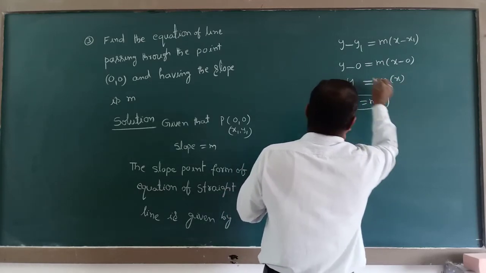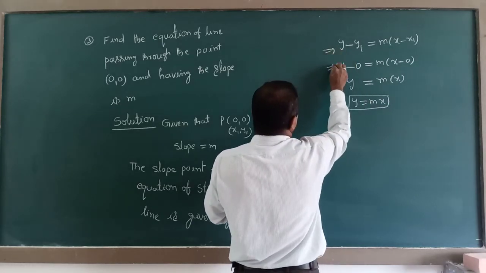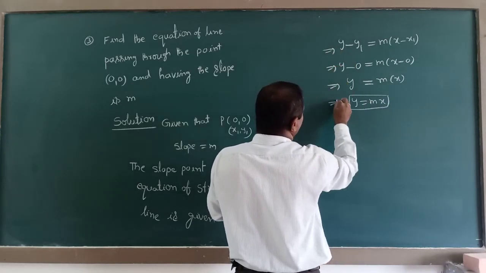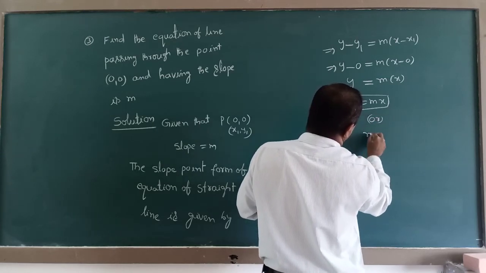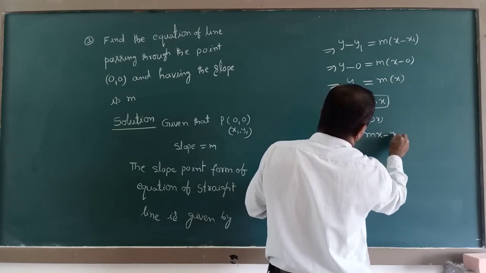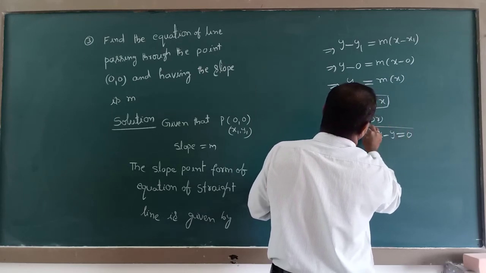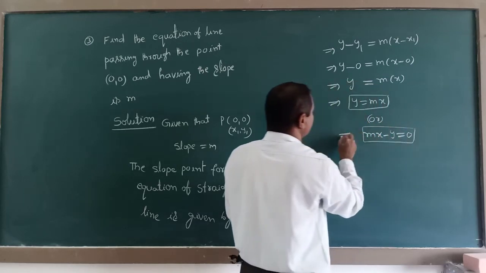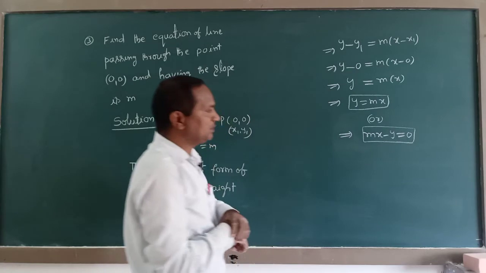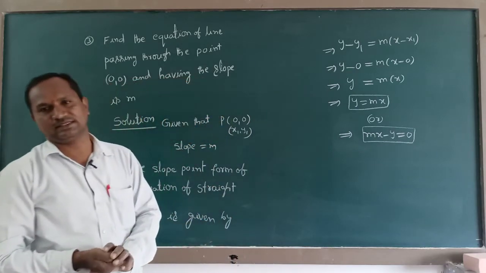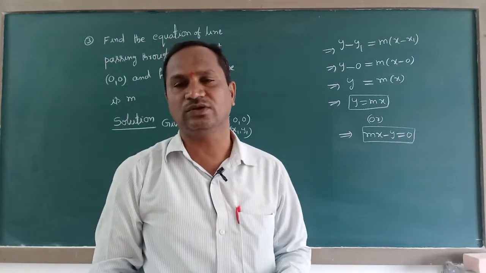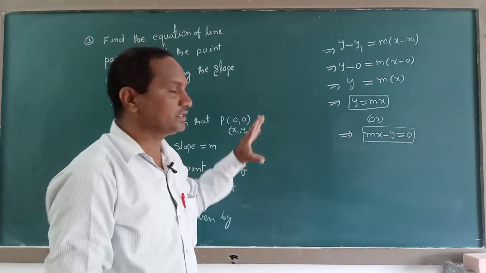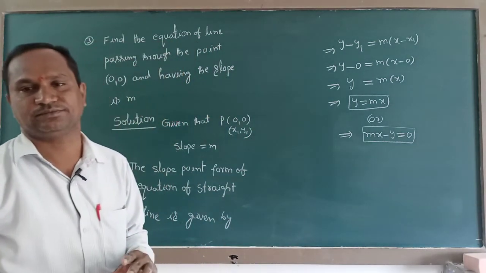We can also modify this equation another way: we can write mx minus y is equal to 0. Like that we can write the equation of the straight line. Like that we are giving the solution for this question.